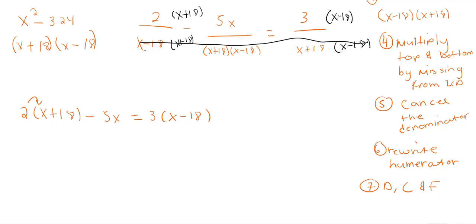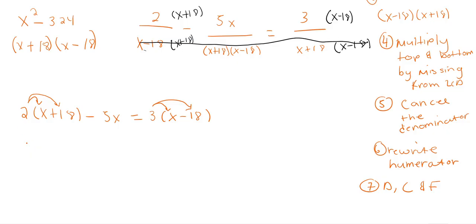So I am distributing. And then I'm going to combine my terms, and then check if I need to factor, maybe need to set it equal to 0. We'll see as we go in the process.